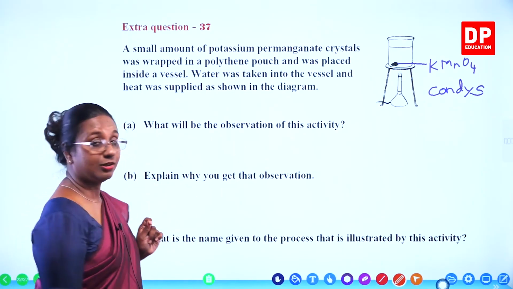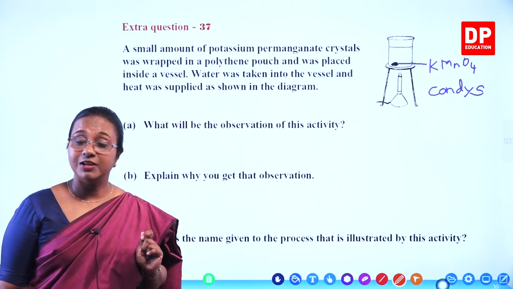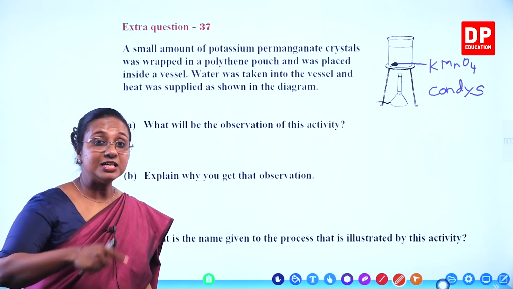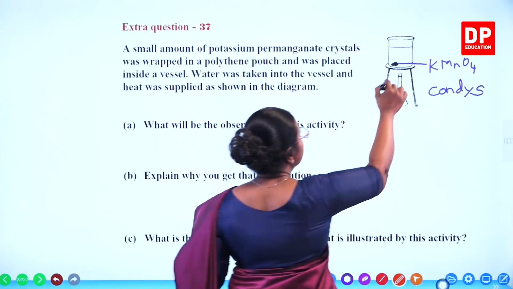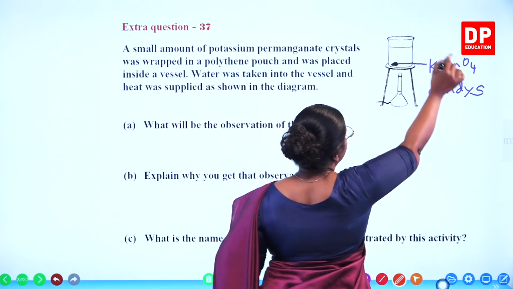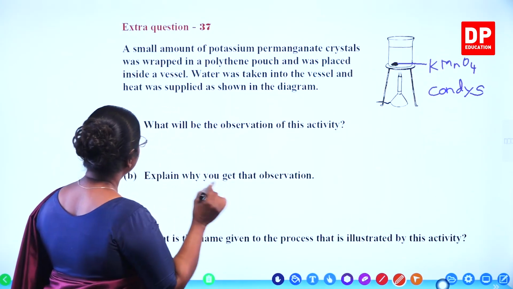We will look at the questions given. What will be the observation of this activity? What will you all observe? You will see the circular movement of purple color. Starting from here, the purple color will rise up and then it will spread throughout the water. So that is what you will see here.